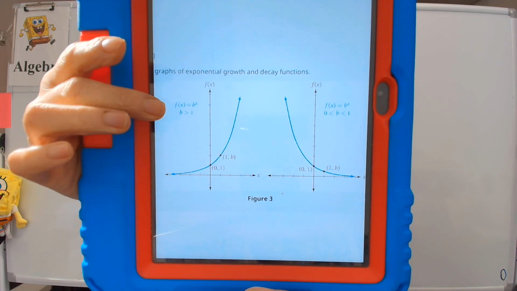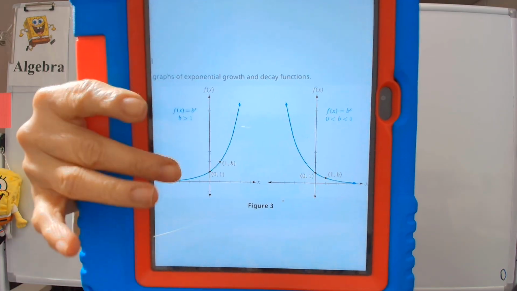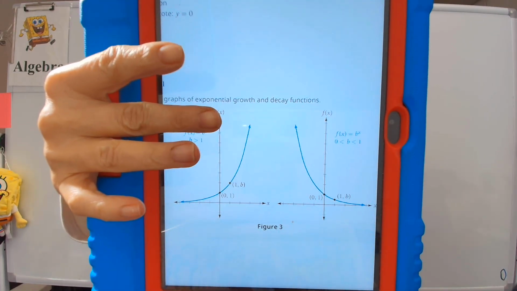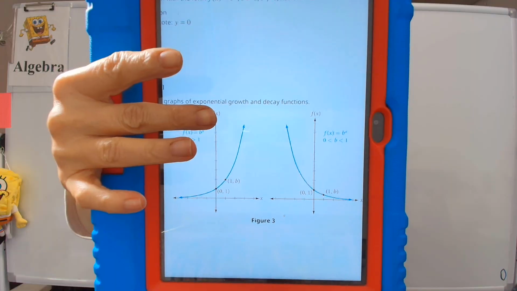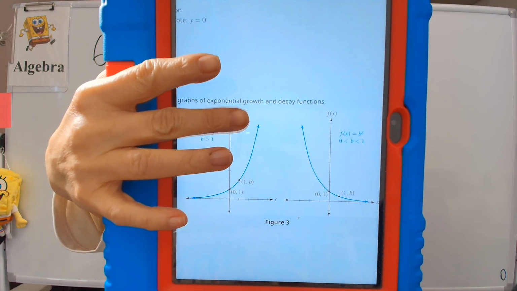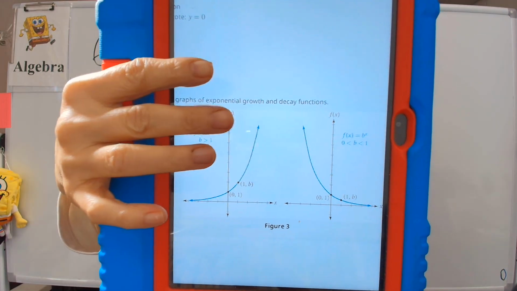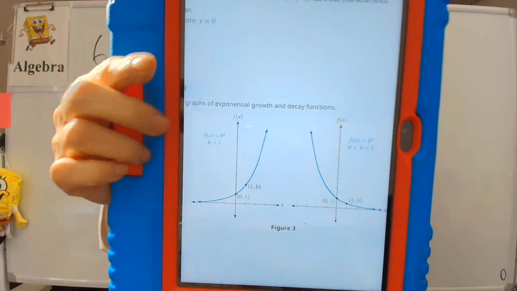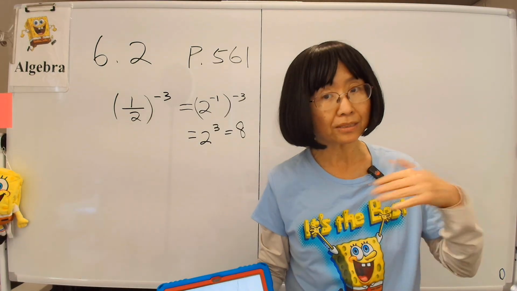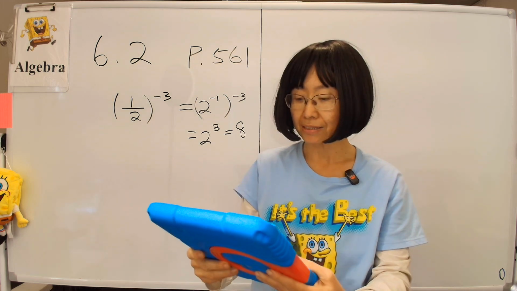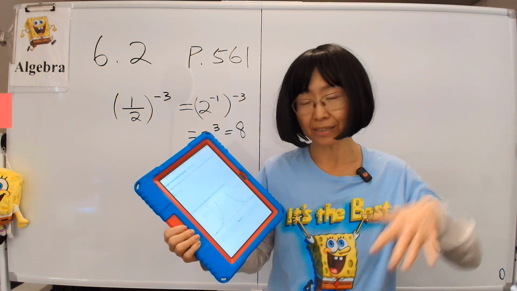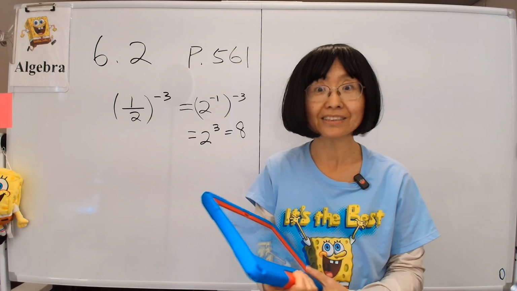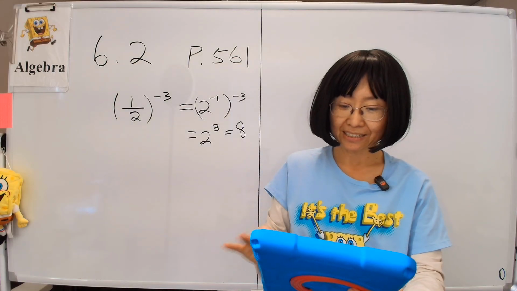This is when b, the base, is bigger than 1, then it increases, whereas when b is less than 1 but still bigger than 0, b has to be positive, when it's the other way, it just flipped around, it's called decaying. It just gets closer and closer to 0, but it doesn't go past the x-axis. That is, it doesn't become negative or anything. It just dives down and then it kind of flattens out.